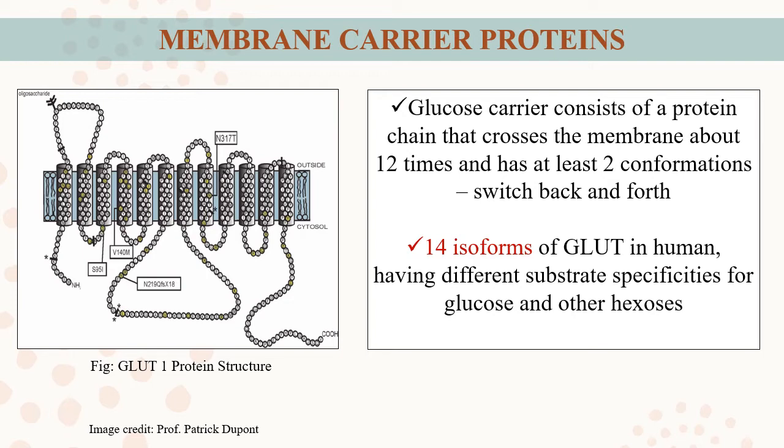The glucose carrier consists of a protein chain that crosses the plasma membrane about 12 times, and it has two conformations, open and closed. In humans, this GLUT carrier has 14 isoforms, and they have different substrate specificities for glucose and other hexoses. These 14 isoforms are present in different organs such as liver, kidney, etc.